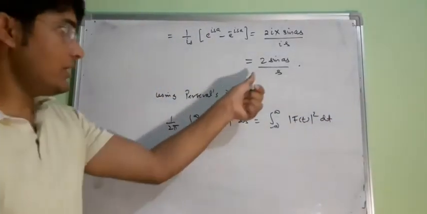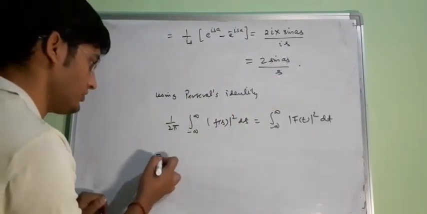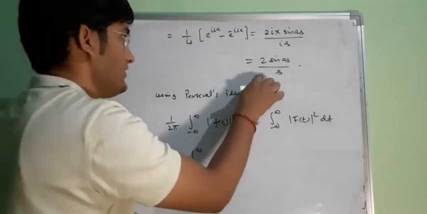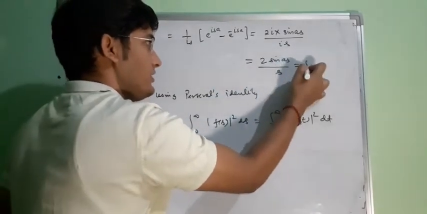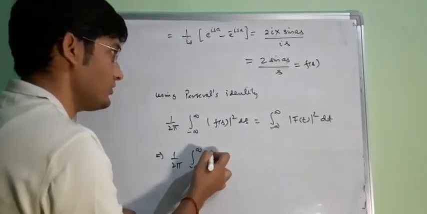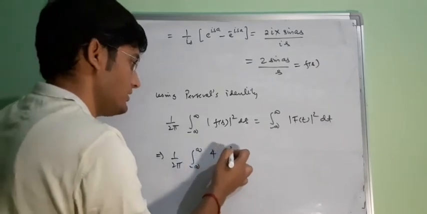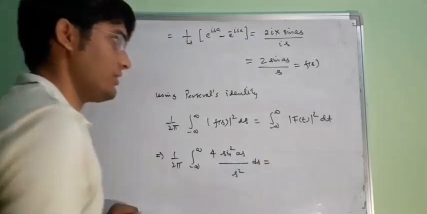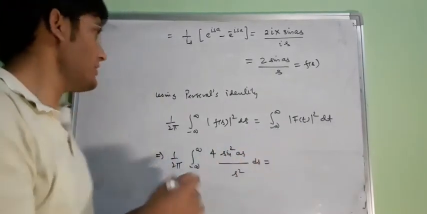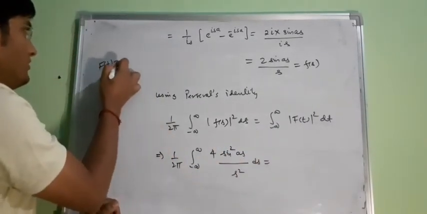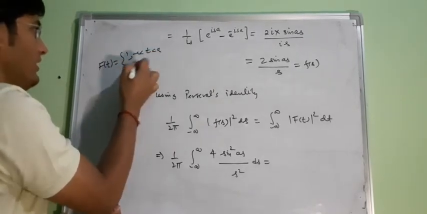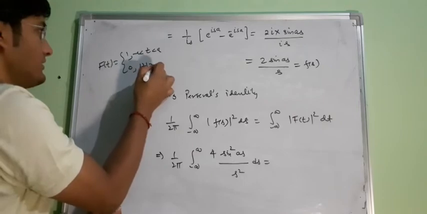Now for F(s) we have this integral, so this is equal to 1 upon 2π, the integral from minus infinity to infinity. Now F(s) means this Fourier transformation, and its whole square will be 4 sin²(sa) upon s² ds. And on the right hand side, you know that the value of the function f(t) was 1 for t between -a and a, and 0 for the remaining cases.